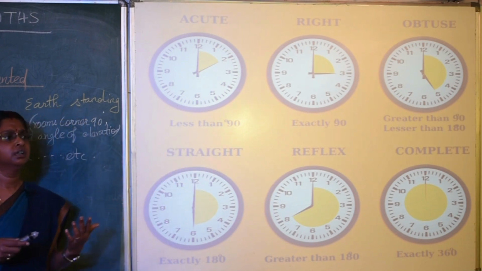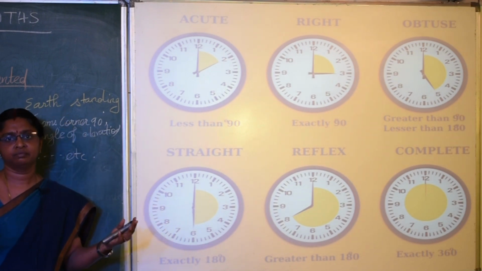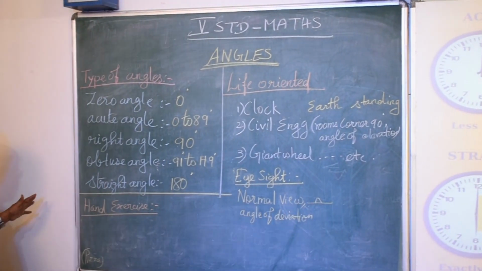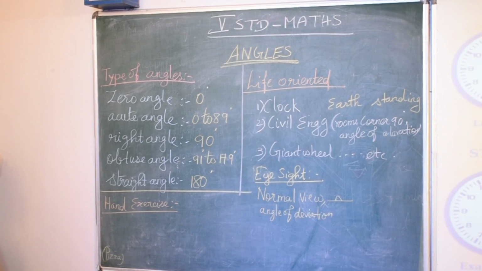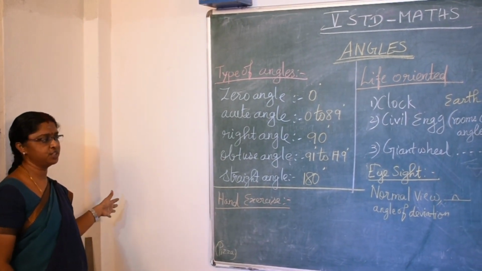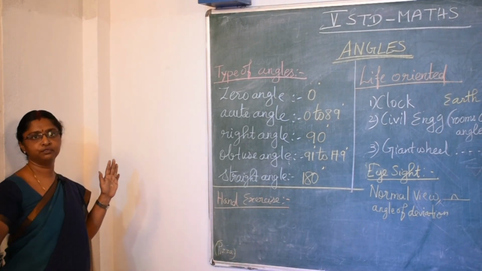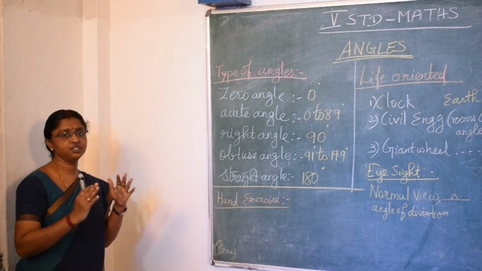The other example is constructing a building. I am standing in a corner. This is one wall and on this side is another wall. This should be exactly 90 degree. Always the engineers try to find the angle. All 4 corners of the room must be 90 degree. That's what the engineers do.